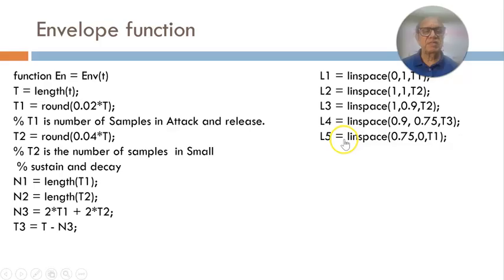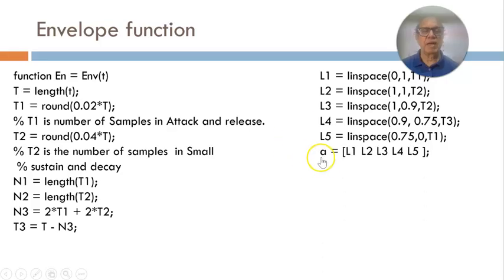So this is the decay phase. Then you have the sustain phase. So from 0.9 it remains more or less constant, but actually slowly decreases to 0.75. If you want this to be exactly constant, then the last value can be 0.9 itself. It could be something else also, depending on the kind of the note that you are trying to produce. And finally you have the release phase. So from 0.75 it goes to 0.